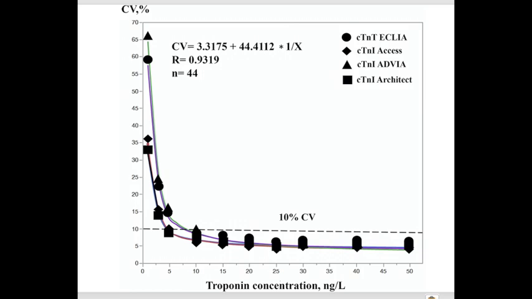This is a plot of coefficient of variation versus troponin I concentration using 4 high sensitivity troponin I assays. As you can see, as the concentration of troponin falls, the coefficient of variation increases.